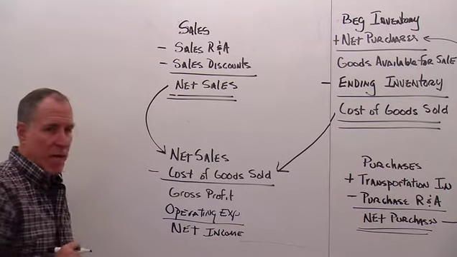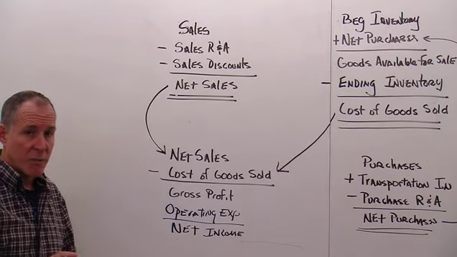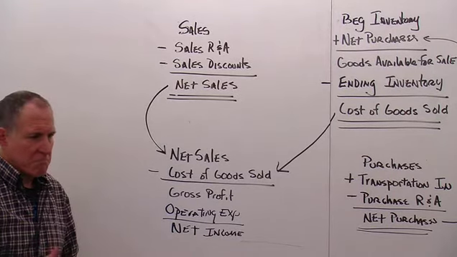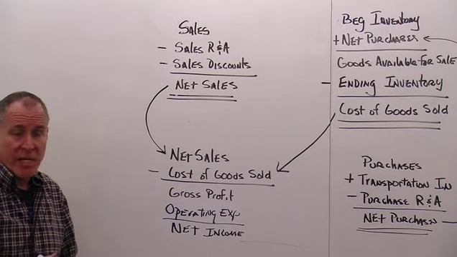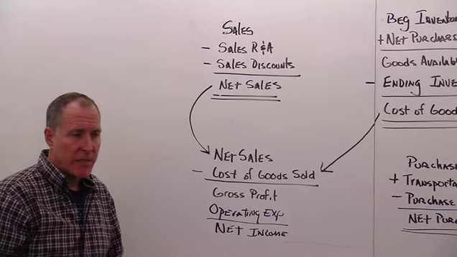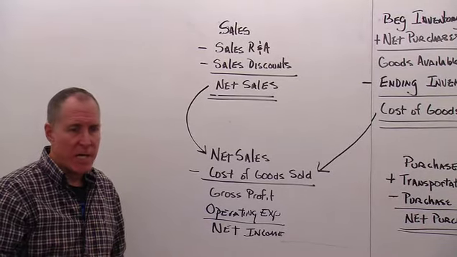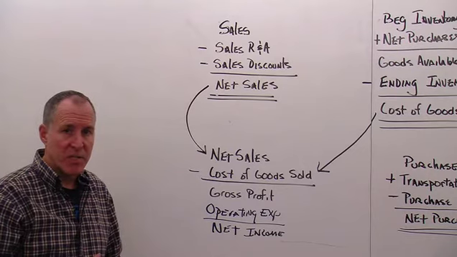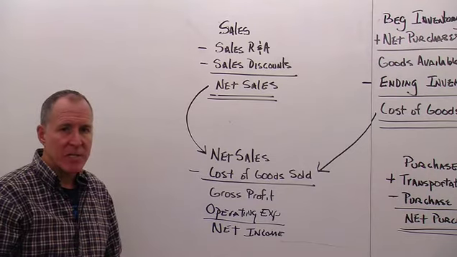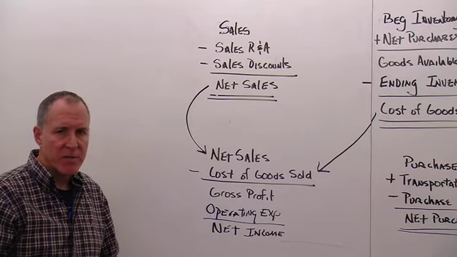Now, there are two types of operating expenses. There are selling expenses and general and administrative expenses. Selling expenses, well, if you just look at the category selling, it's any cost that you've incurred to sell the product. This would be salesman's commissions, salesman's salaries, it would be delivery expenses, it would be advertising, it would be rent on the sales space. Those are all selling expenses.